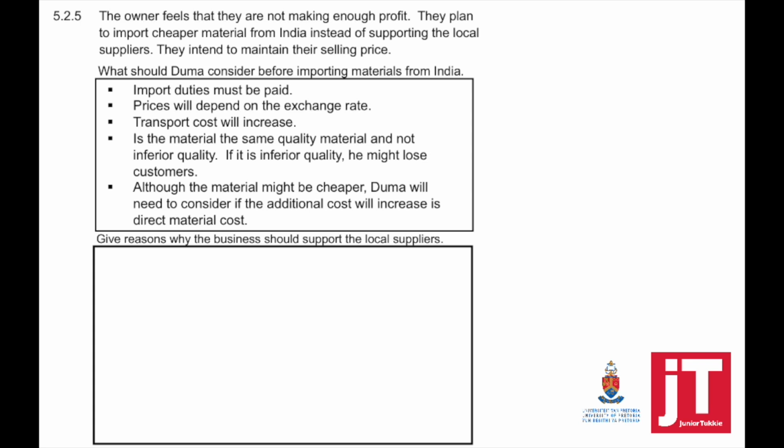Is the material the same quality and not inferior quality? If it is inferior quality, you might lose customers. Although the material might be cheaper, Duma will need to consider if the additional cost will increase his direct material cost. So these are things that he needs to look at before he just decides to buy materials from India, from overseas.